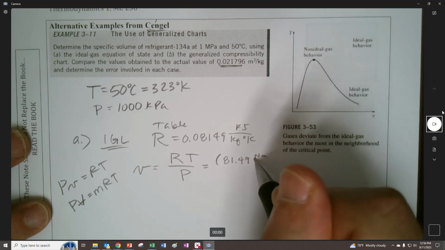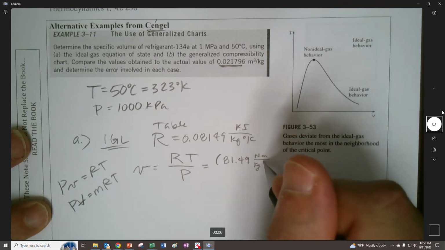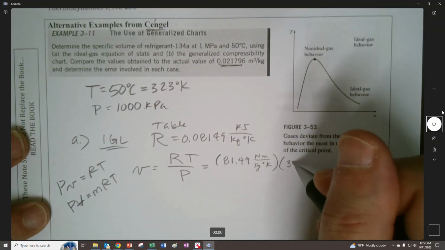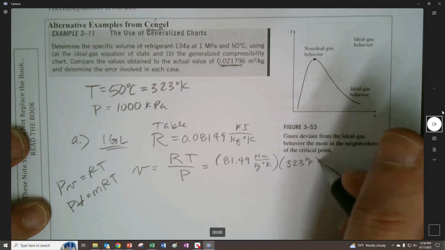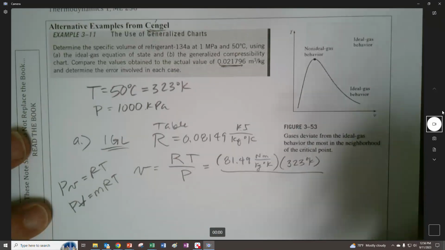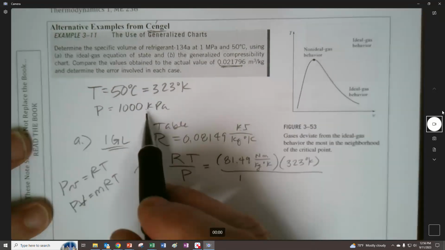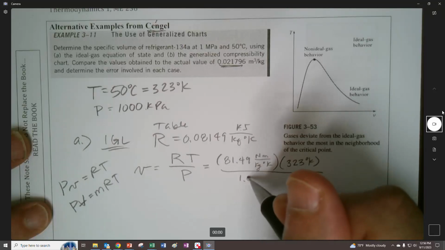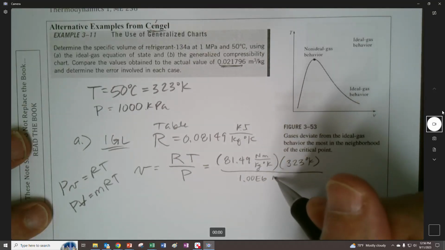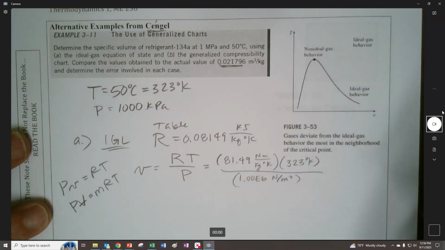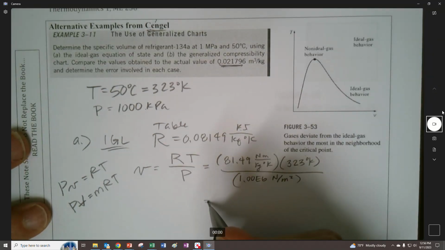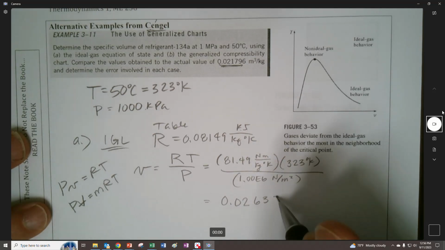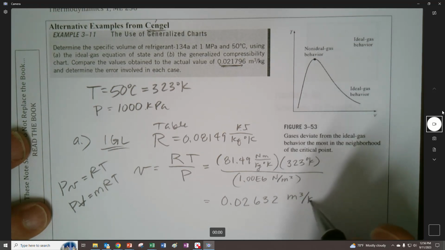So now we have Newton meters per kilogram degree Kelvin. The temperature was 323 degrees Kelvin, and divide by 1 million, because we have 1,000 kilopascals, so 1E6 Newtons per meter squared. You do all that, and you get 0.02632 cubic meters per kilogram.